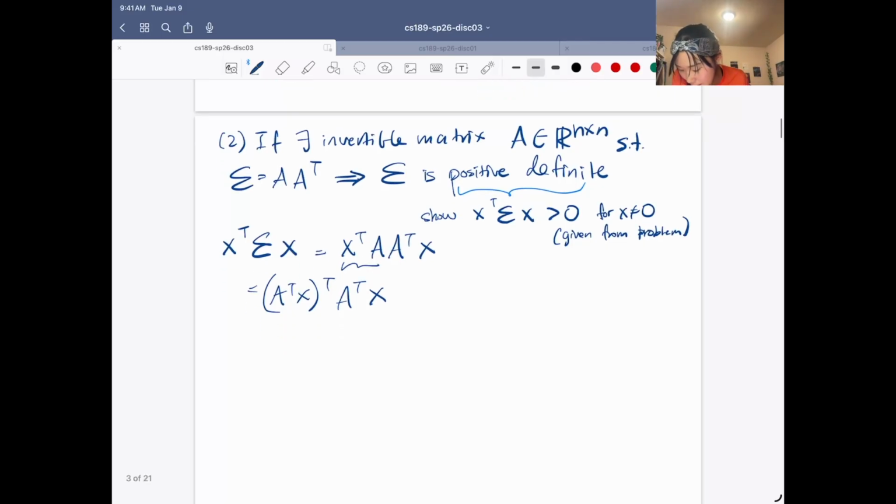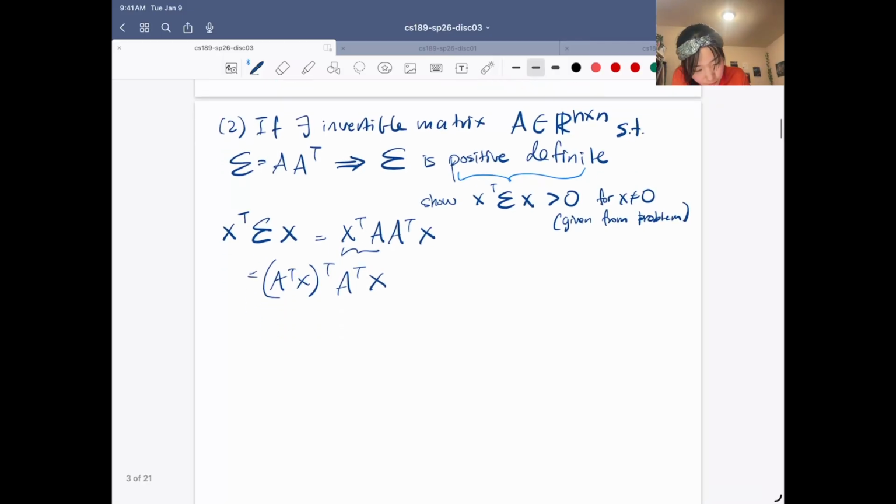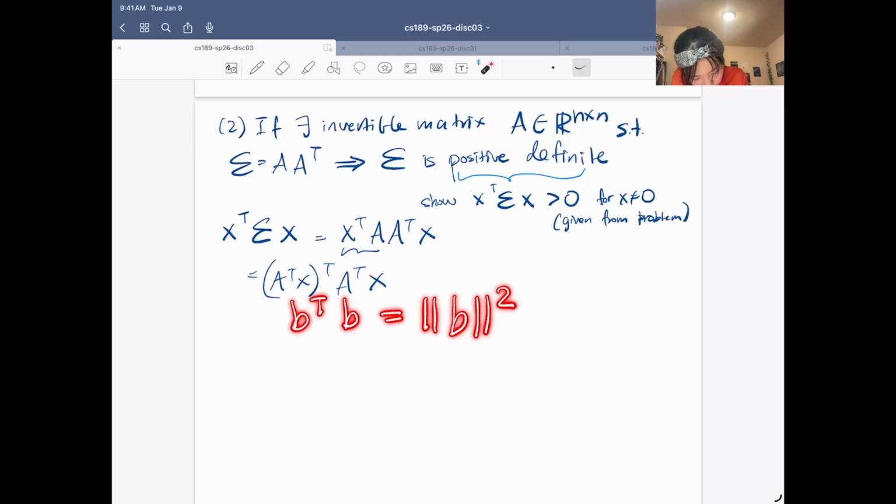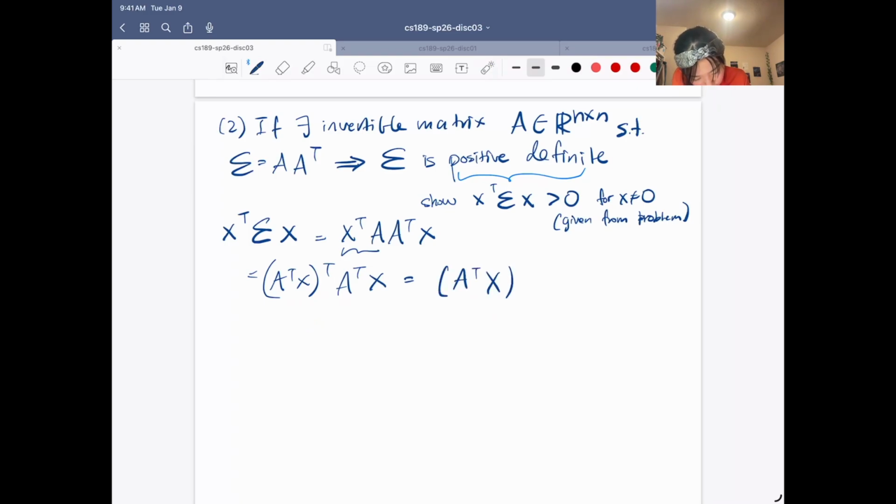And notice how we're multiplying some vector, let's say we have vector B transpose, and we're multiplying it by itself. So this is equivalent to the square norm. And so we can write this as equivalent to the square norm of A transpose x.